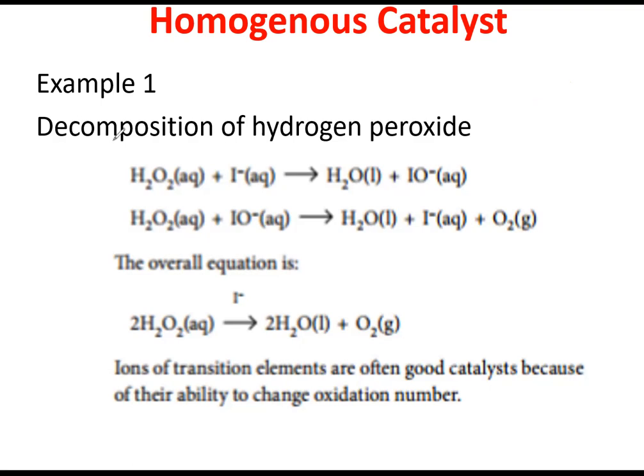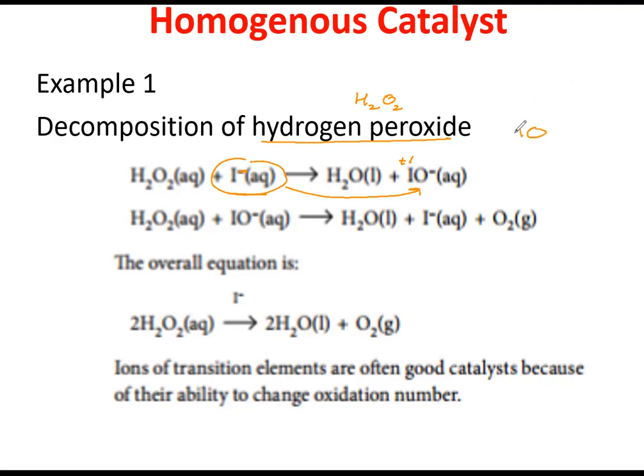Now, in this particular example, we are looking at the decomposition of hydrogen peroxide, H2O2. This hydrogen peroxide is being decomposed in the presence of iodide ions. The oxidation state or charge of the iodide ions is negative, and the iodide ions are going to be oxidized to hypoiodite ions. If we talk about the oxidation number, the iodine oxidation number will be +1.